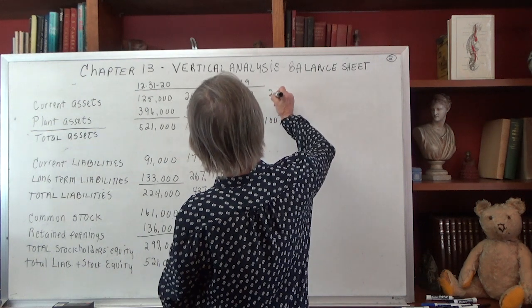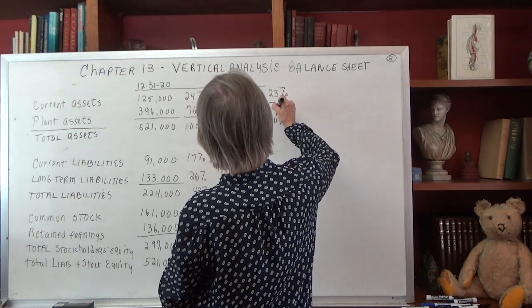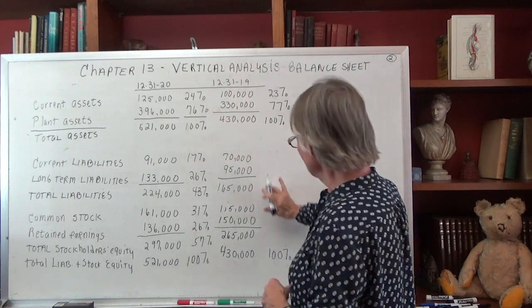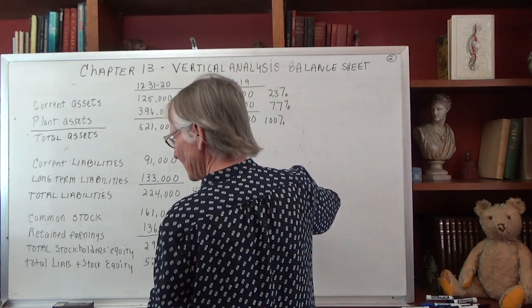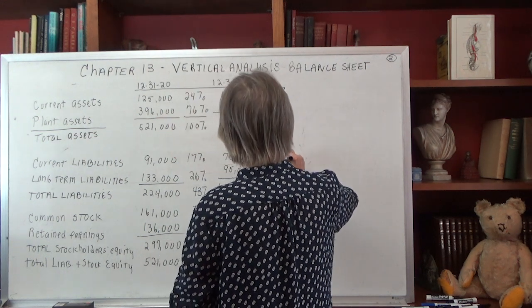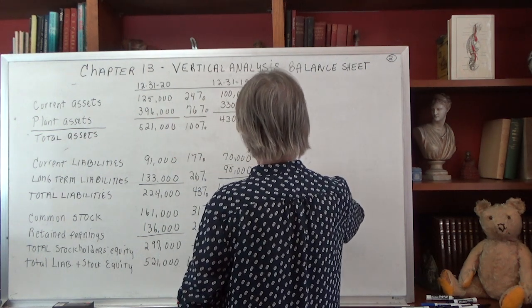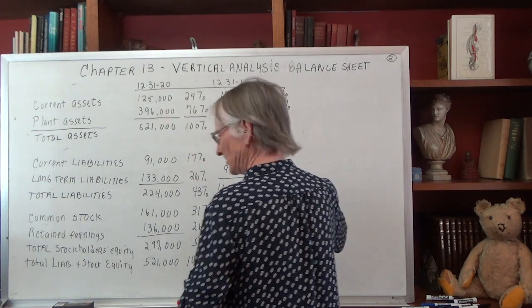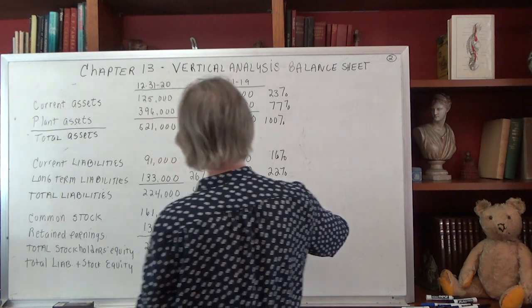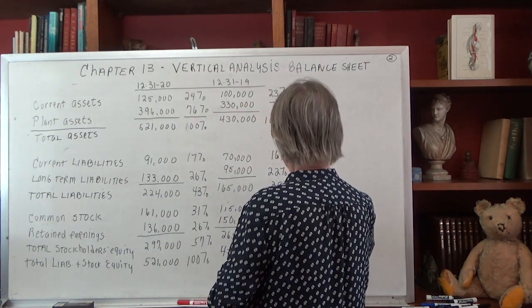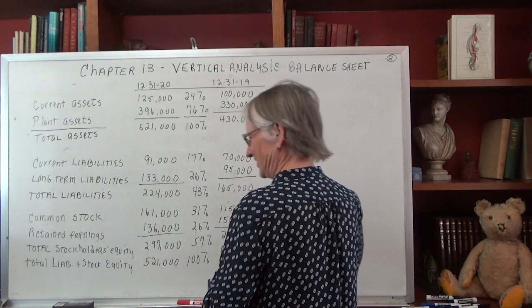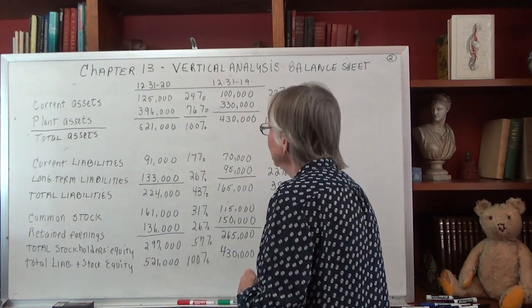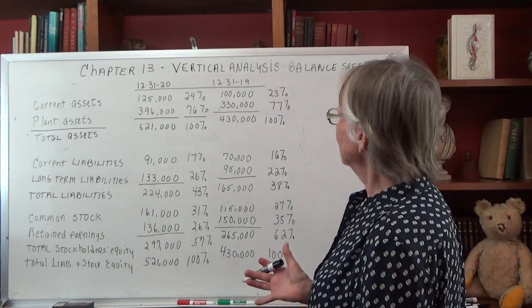So we get like 23%, 77%, and we would do each of these numbers divided by 430, and so we would get 16%, 22%, 38%, and then the last three we get 27%, 35%, and 62%. All right, so now you've got everything up there.